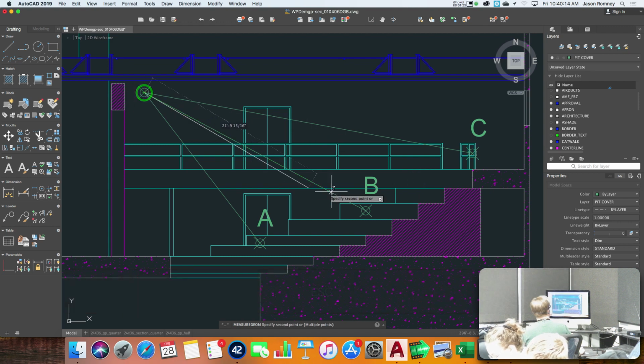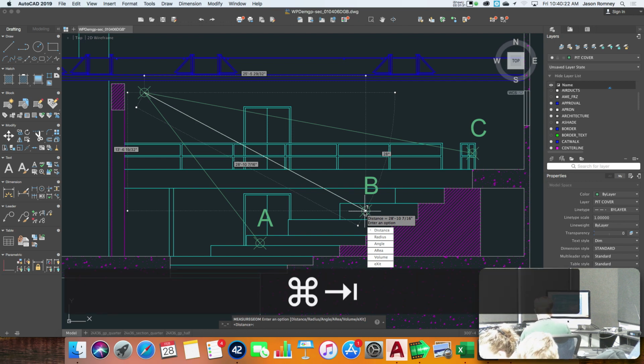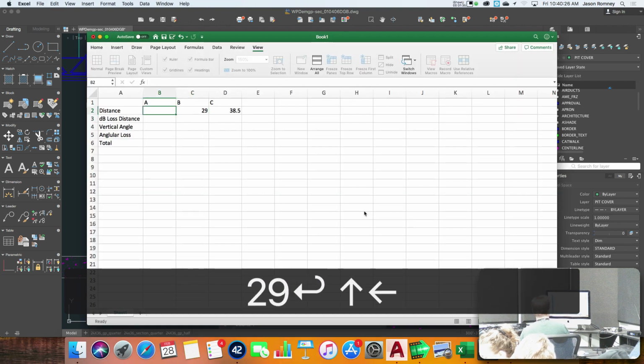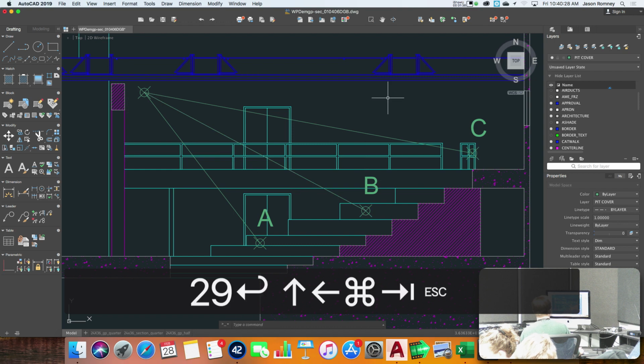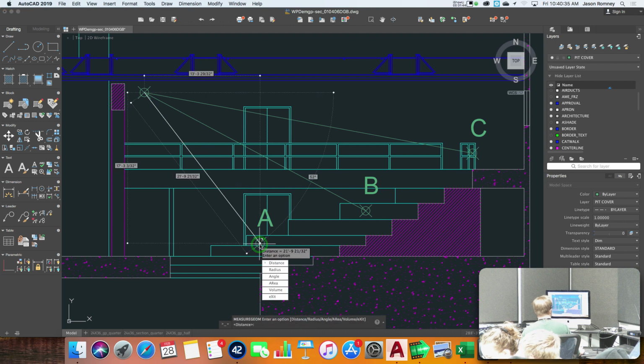Seat B is 28 feet, 10 inches. I'm just going to call that 29 feet. OK. Seat A is 21 feet and 21/32 inches. I'm going to call that 21.75 feet. OK?